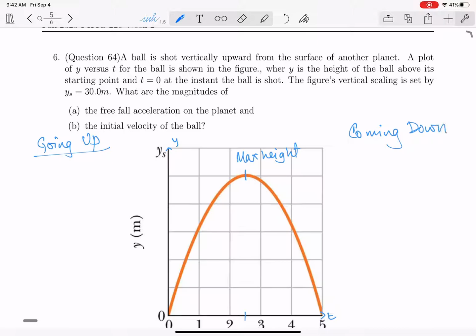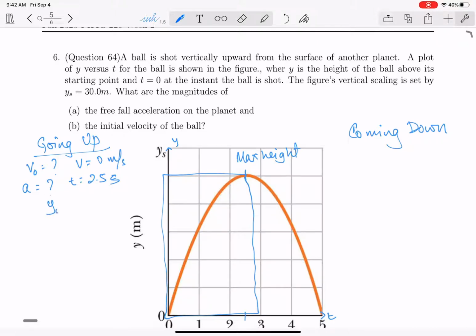While going up, v initial we don't know, it was shot at some speed. V final, at the top of the motion, is 0. Acceleration we don't know. T: I'm just considering from the starting point to the time it takes to go to the max height, so that is 2.5 seconds.